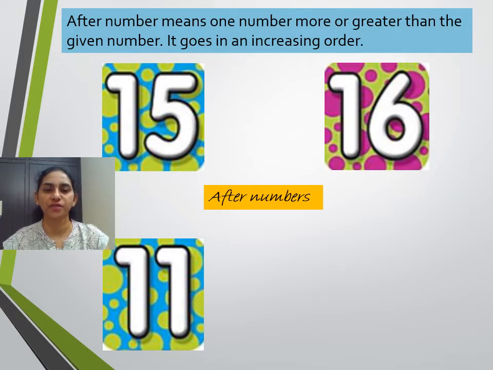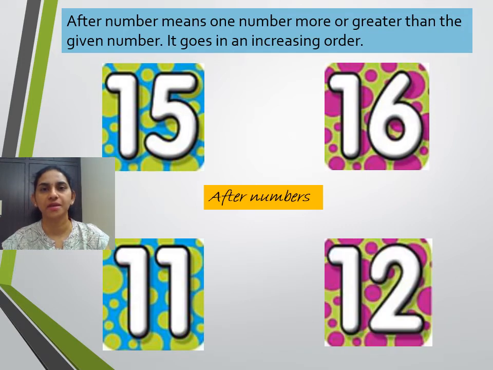So, let's see the next number. 1, 1, 11. This is also a two-digit number. It has two numbers. So what is the next number for 11? Yes, 12. 12 is the next number for 11.